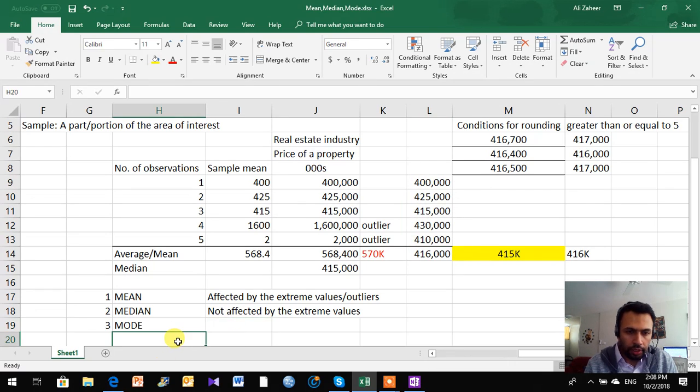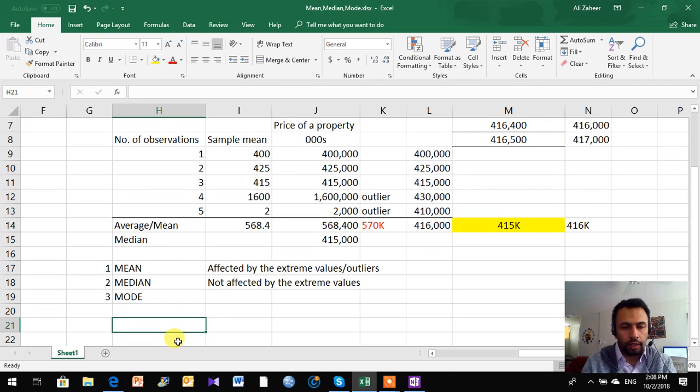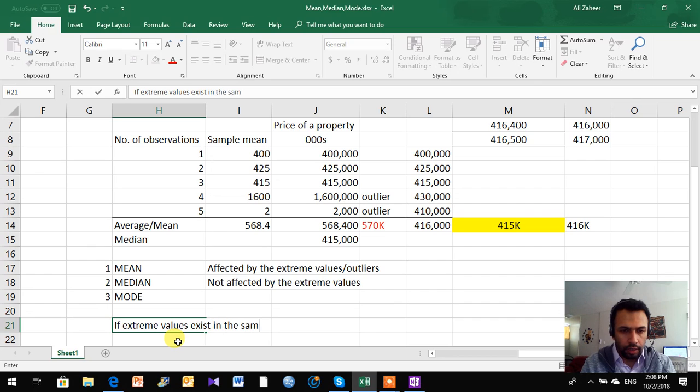So I write the rule here. If extreme values exist in the sample, use median. Otherwise, use mean.